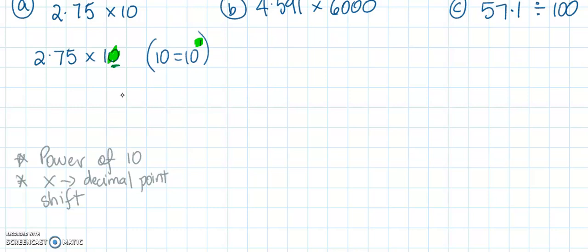If we're moving it to the right, at the moment the 5 is 5 hundredths. That becomes 5 tenths. The 2 is in the place value of 2 ones. That increases by 1, which becomes 2 tens. So rule number 1, when we multiply, the decimal point shifts to the right.